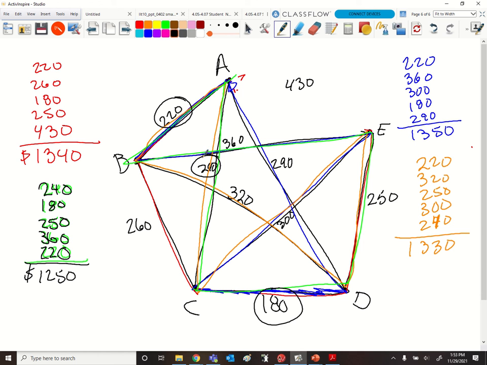Do we include 250? Yes, we did. So I started from the smallest and included all those pieces. And then yes, we had to use 360 because there's no other route. But it's $90 cheaper than what we came up with originally.